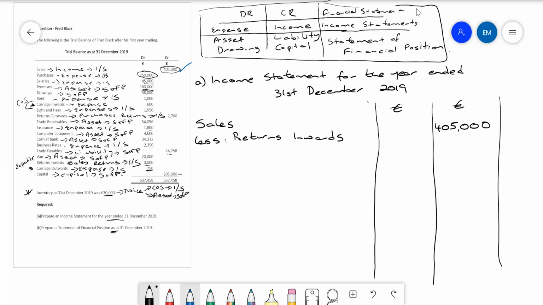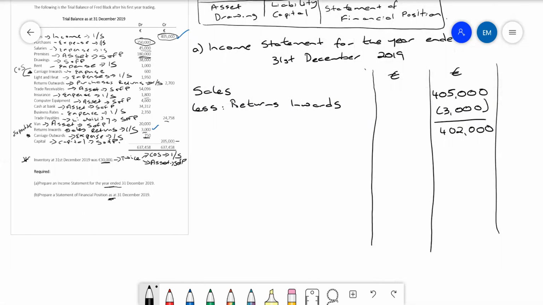And our returns inwards figure is €3,000. So we'll have our net sales figure of €402,000. And that is how we start the income statement. We always start with our sales less our sales returns, or our returns inwards figure.